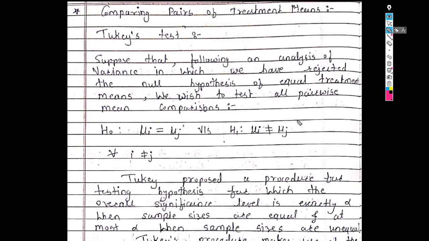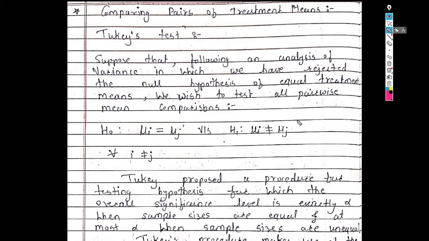So we know that in CRD, RBD and LSD we find the ANOVA table for these designs, and with the help of the ANOVA table we give a conclusion about our hypothesis. But suppose with the help of the ANOVA table we reject our hypothesis that there is no significant difference between treatment means or treatment effects.